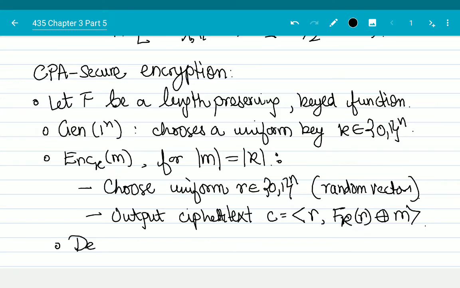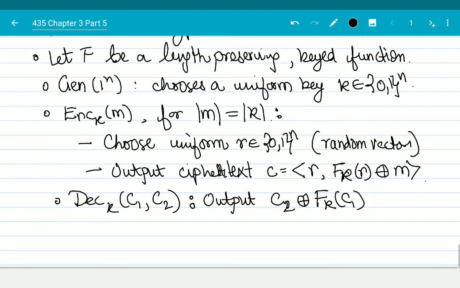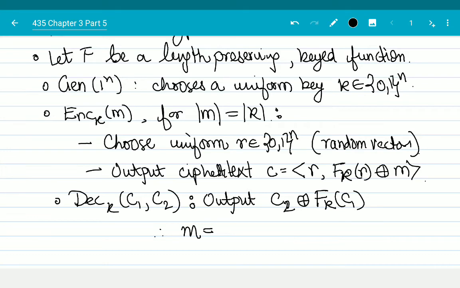And then decryption: what you get is c1 and c2, and the output is c2 XOR F_k(c1), which is just F_k(r).